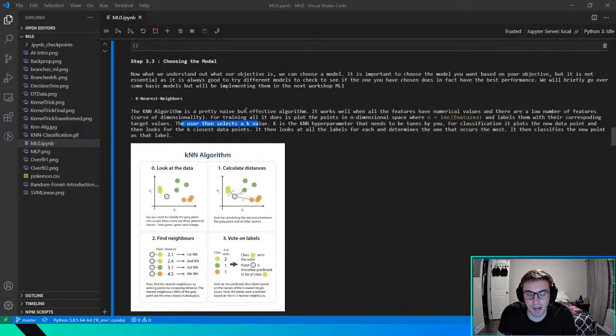KNNs are great for certain types of problems, but they do require a lot of data. If there are holes in your data points and you plot a point in a hole, it's going to select points that are really far away and might not be very accurate. So KNN needs a lot of data. But it is good because it can model nonlinear functions really well.